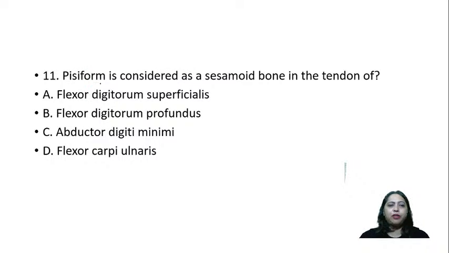All right. Pisiform is a sesamoid bone, and it is found in the tendon of which muscle? It's on which side, first of all? Which tendon gets attached to it?